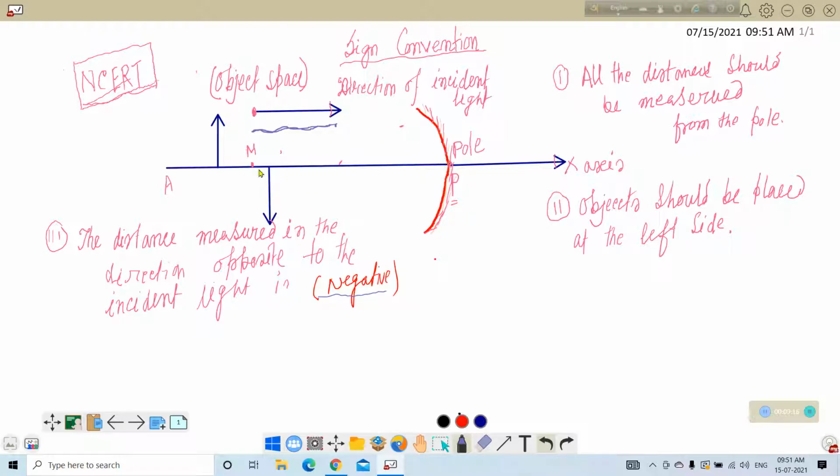If this is a negative distance, then the reverse direction will be a positive distance, that is, along the direction of the ray.